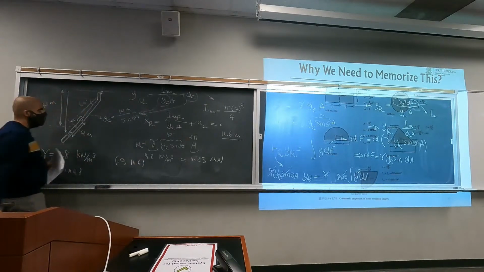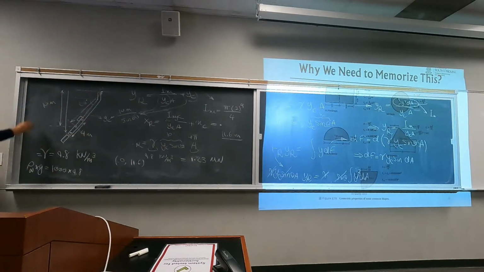So the point that force is being applied on is 0 and 11.6 meters. The only thing that you have to keep in mind is that this is going to be our coordinate system. So y is positive in this direction. So when I say 11.6 meters positive, it means 11.6 meters deep.